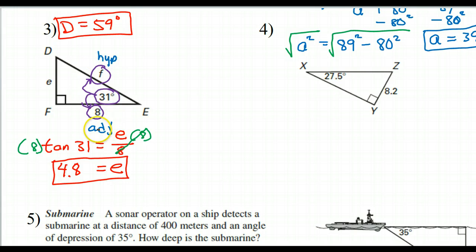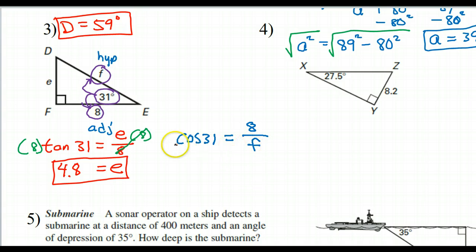So I've got the adjacent leg and I've got the hypotenuse. Well, that's the cosine function. So let's go ahead and set that up. That's going to be the cosine of 31 is equal to adjacent over hypotenuse. So that's going to be 8 over F.